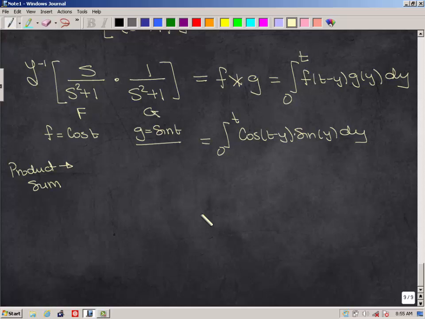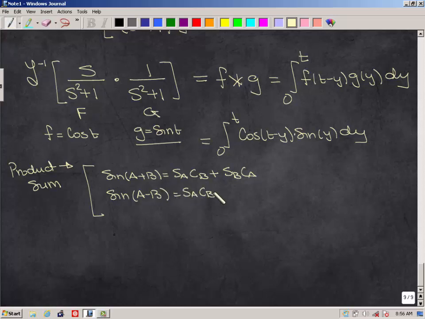We know that sine of a plus b is equal to sine of a cosine of b plus sine of b times cosine of a, and sine of a minus b is sine of a cosine of b minus sine of b cosine of a.